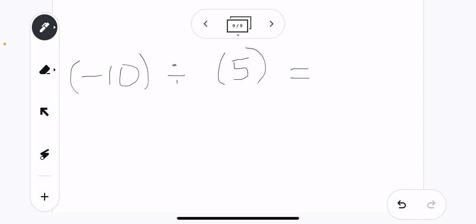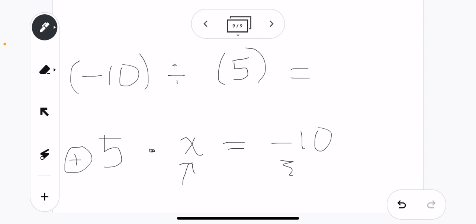Again, turning this back into multiplication: positive 5 multiplied by a certain number is equal to negative 10. Well, this is a negative number, and since this is a positive number, this has to be negative.